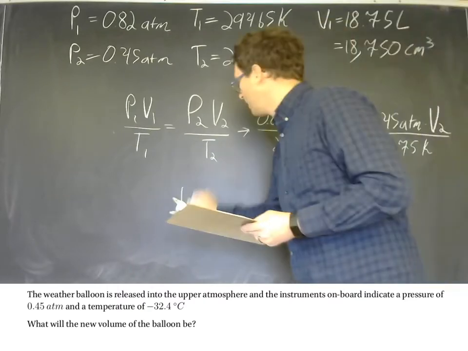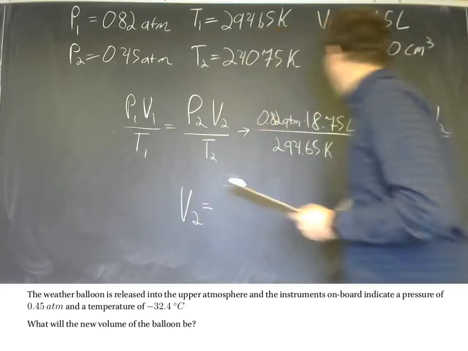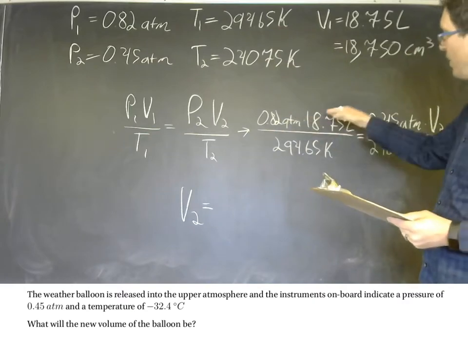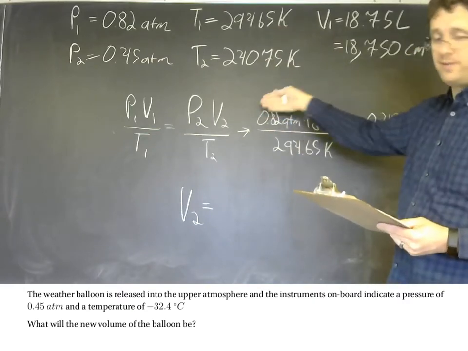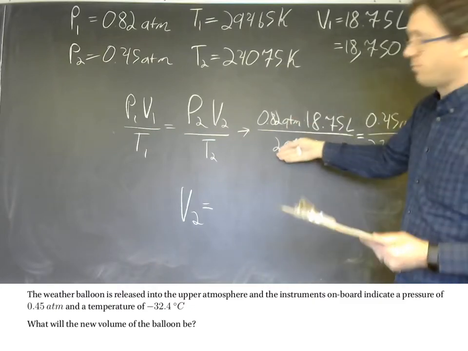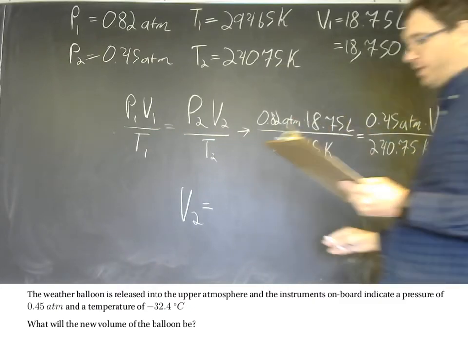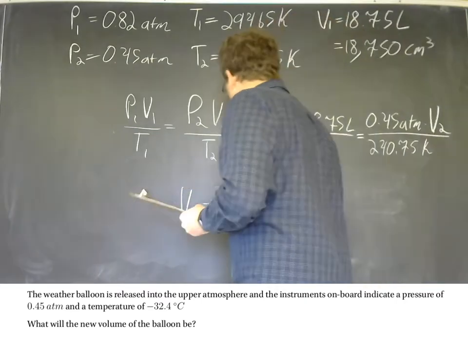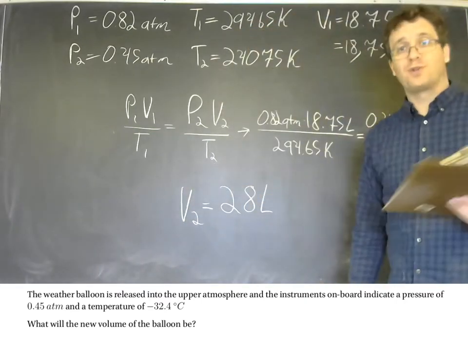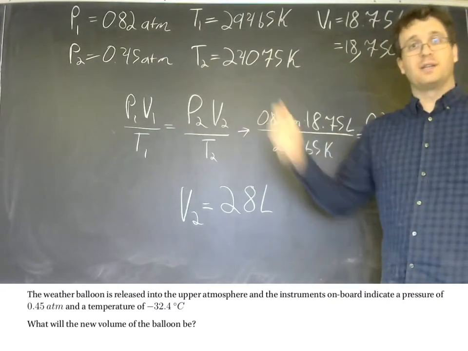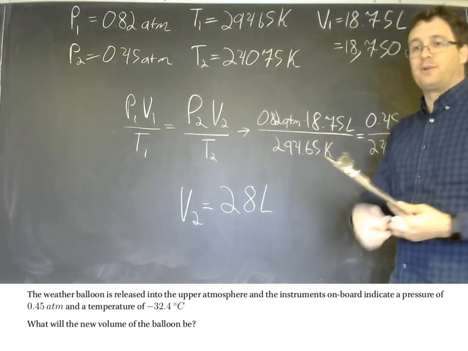And solving for V2 by just multiplying and dividing there, and then you multiply the 240.75 over, divide the 0.45 over, we're going to get a V2 of 28 liters. So in the end, the lower pressure wins. The balloon has expanded by about 10 liters.